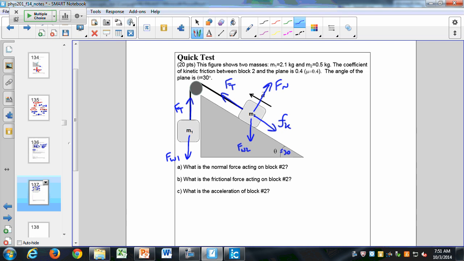Once you do that, you'll want to resolve. You only have one vector there, that FW2. Resolve it into its x and its y components. I always find it helpful to draw new vector diagrams. You might find that helpful, you might not. And then write out your system of three equations, the three equations that you can write from these two systems.